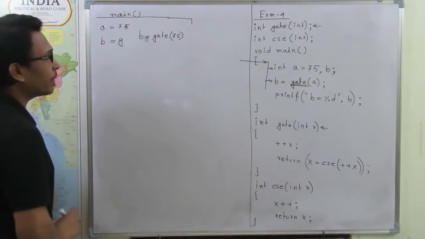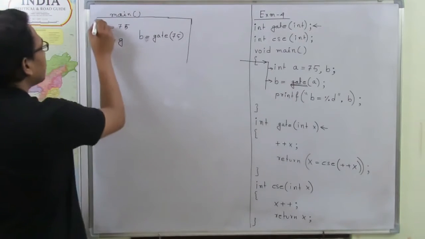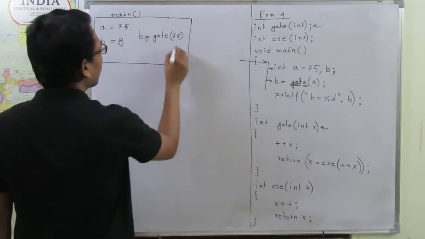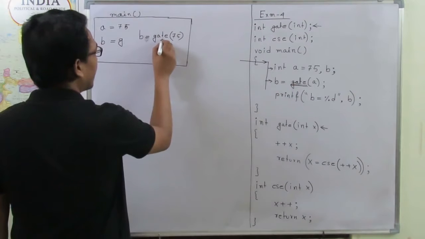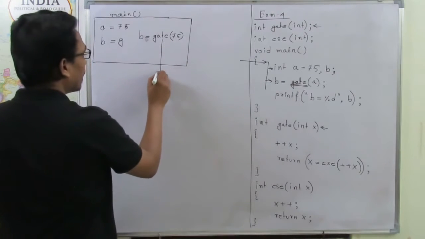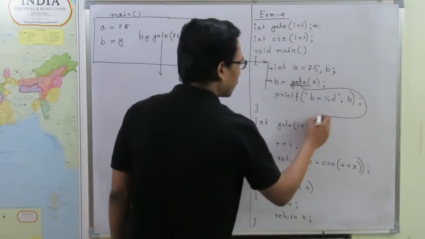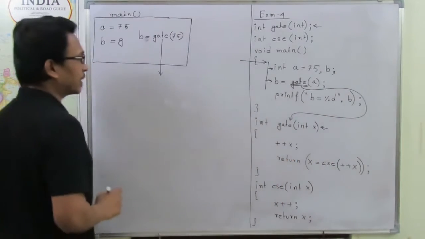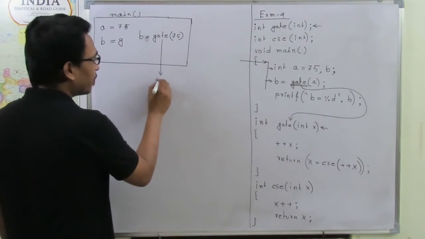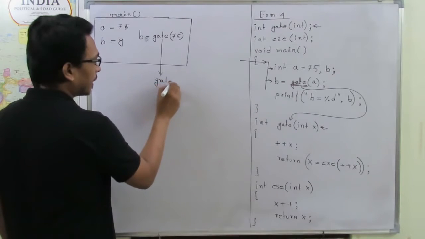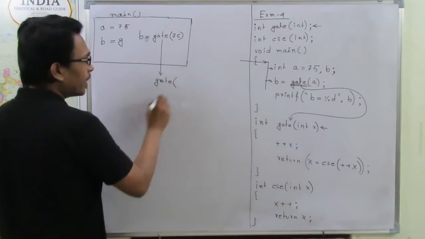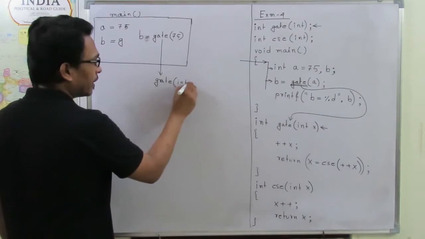Now what happened? Control comes out from this main function and enters into a new block. From here control comes to the definition of the get function and creates a new block for the function get, and the argument is received by the variable int x.